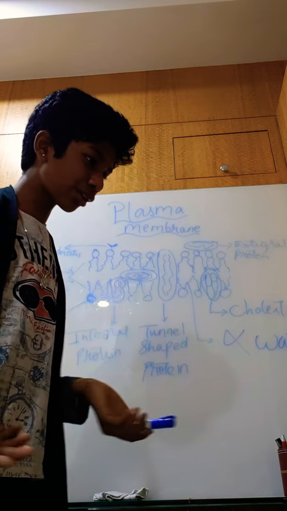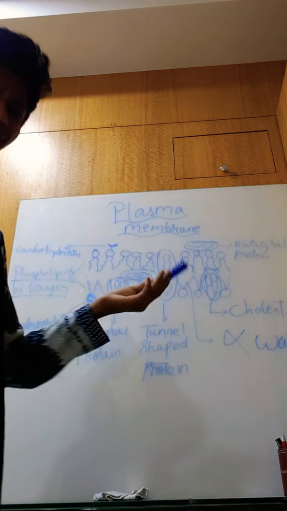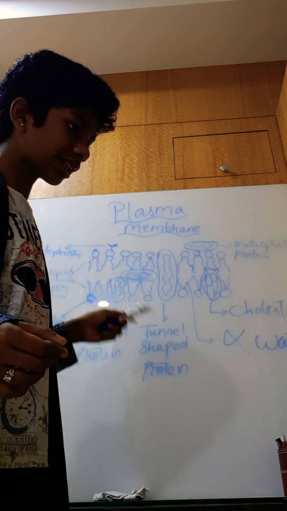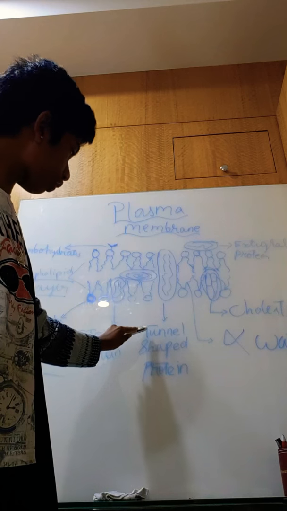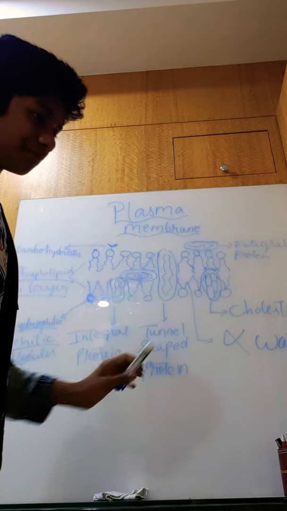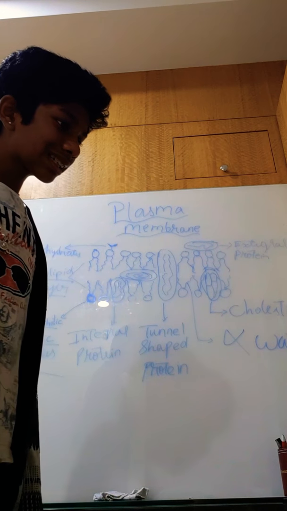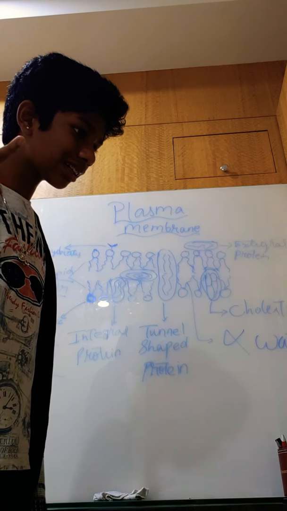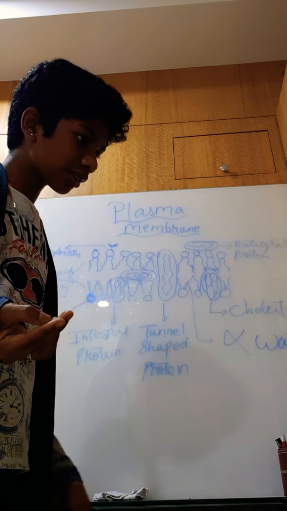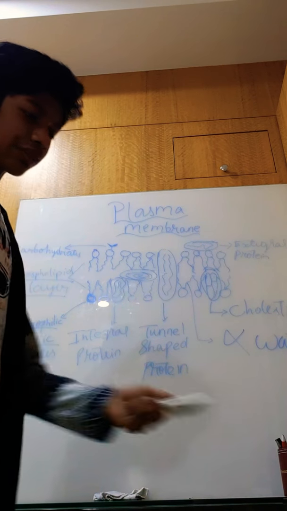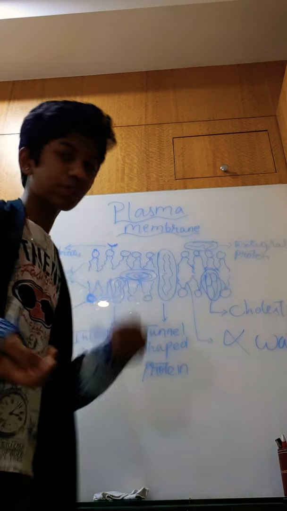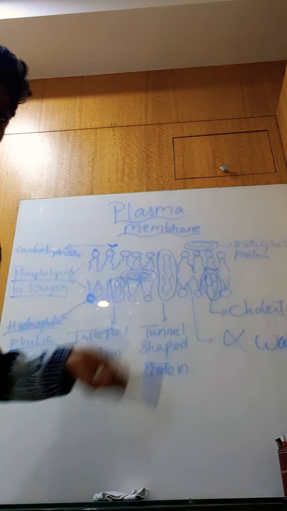It has many microtubules and microfilaments, which I have not written here. It's the fluid mosaic model of this plasma membrane. It has the process of osmosis. It takes in phagocytosis and pinocytosis, as amoeba does.